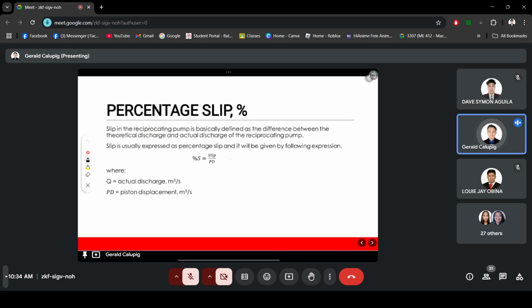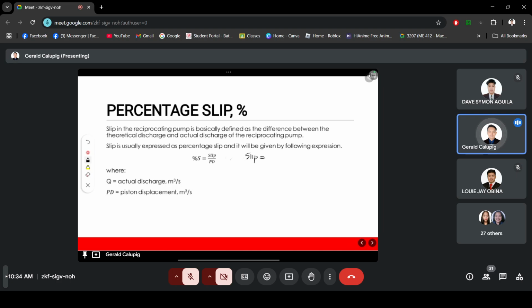For the percentage slip, slip in a reciprocating pump is basically the difference between the theoretical discharge and the actual discharge of the reciprocating pump, meaning the slip is equal to what?